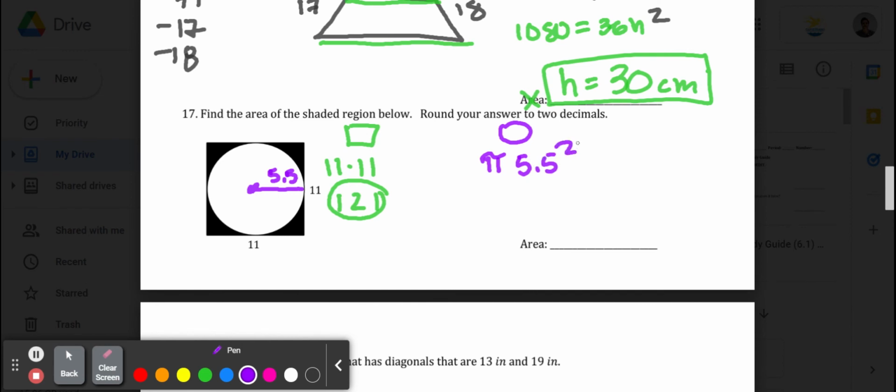So let's calculate that. 5.5 times 5.5 times pi. So that's about 95. And then we're going to say the shaded region is the whole minus the non-shaded region, which is this. So 121 minus that piece, 95. So about 26 square units.